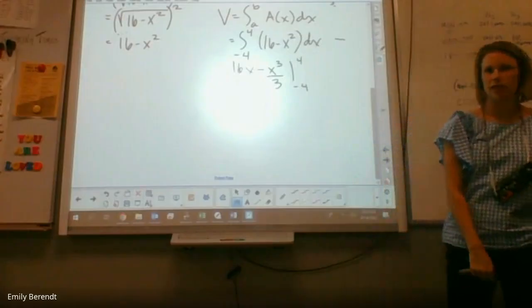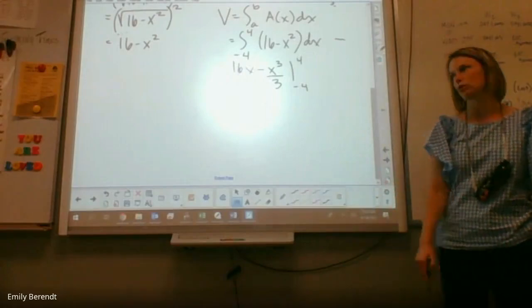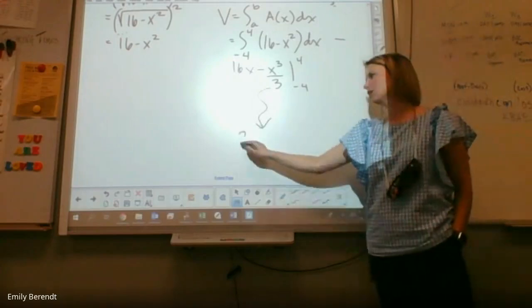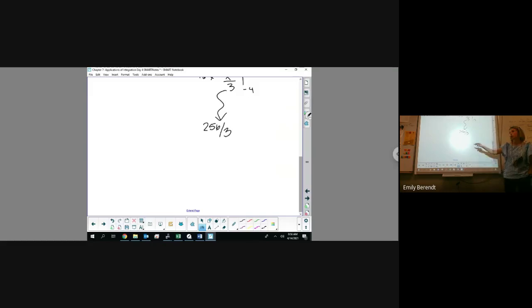So you do the same thing that we've been doing, f of b minus f of a, plug in your upper bound and your lower bound, subtract the two, gives us 256 thirds cubic units. The cross sections that are squares are usually the easiest ones to do, because their formula is not super complicated.